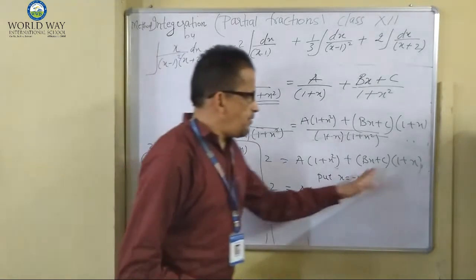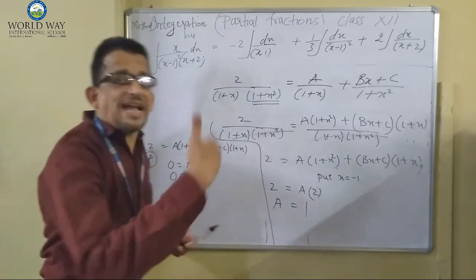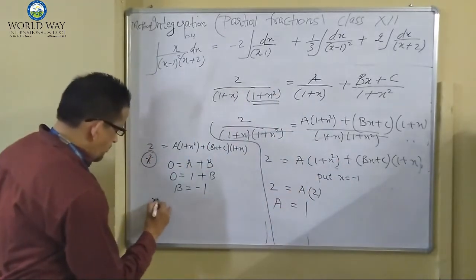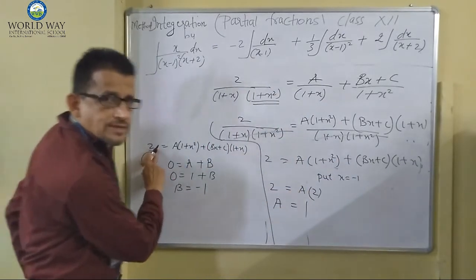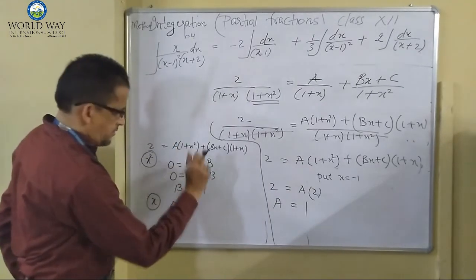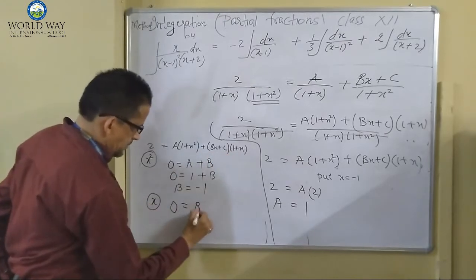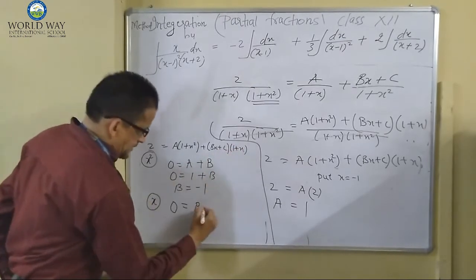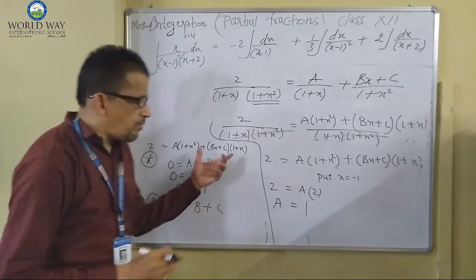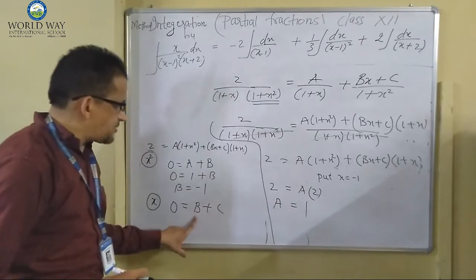Now one more value we need to find, that is c. So now compare the coefficient of x. Again there is no x term here. The coefficient is 0 here. Okay, what is the bx into, that is b, and what is c into x, that is c. Look at the bracket, open it. Bx into 1, that is bx, the coefficient of x is b.